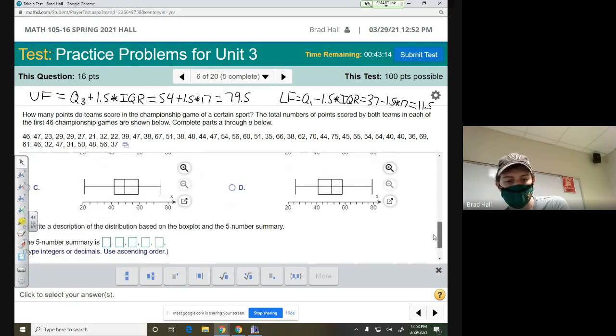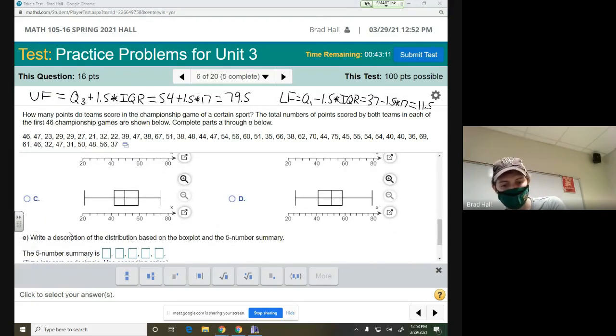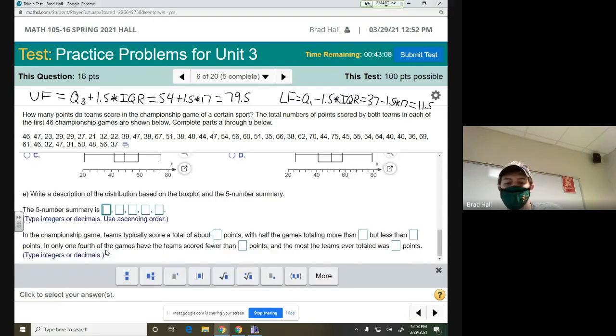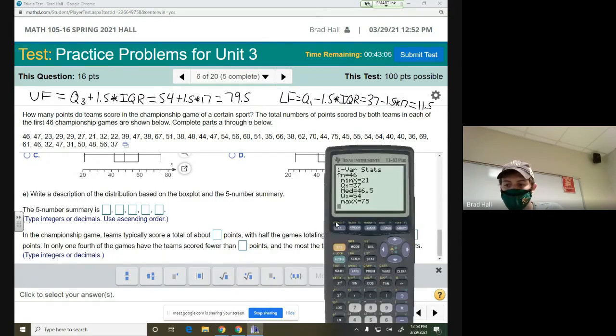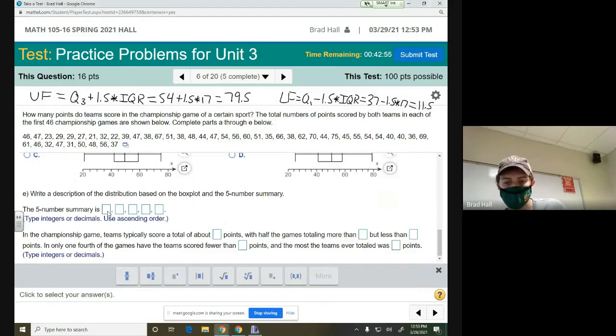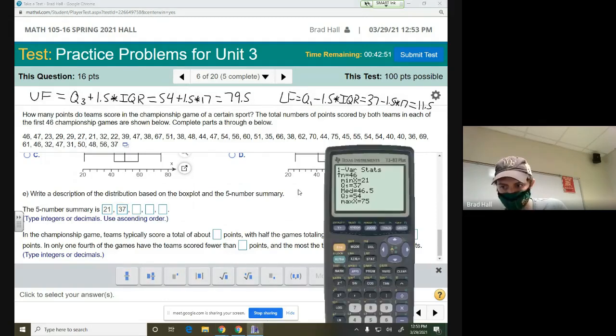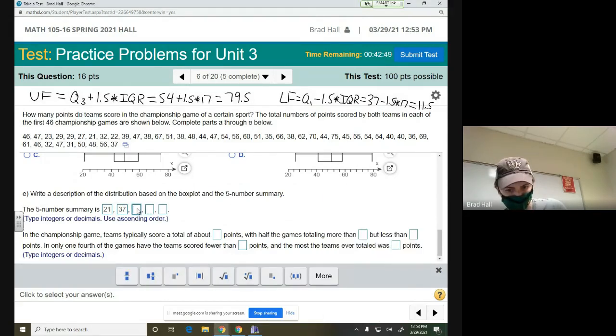Now it might be more helpful because this part below does say, let's determine the 5-number summary. So the 5-number summary is always the minimum, Q1, the median, Q3, and the max. So we'll go ahead and start off with 21, 37, 46.5, and 54.